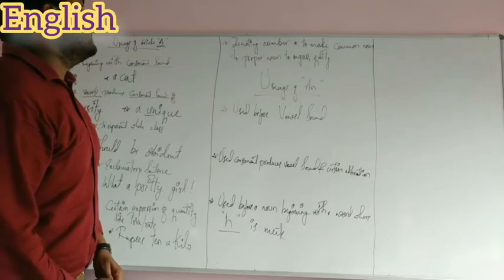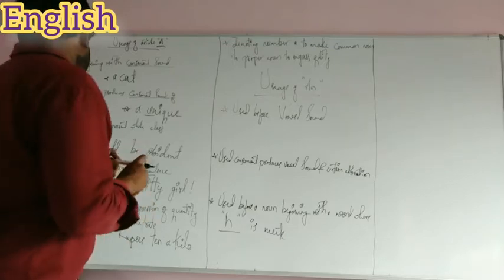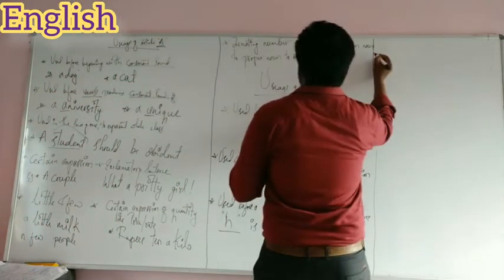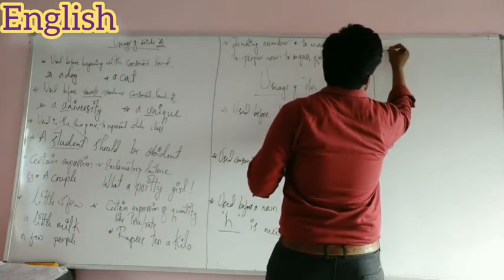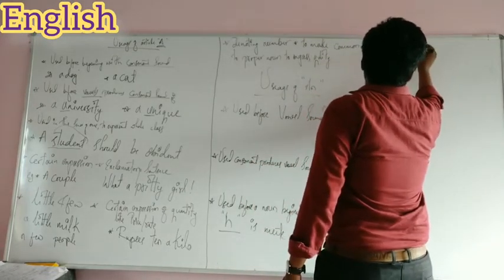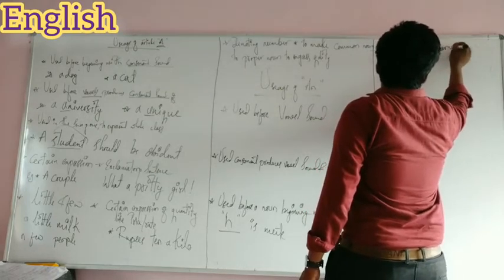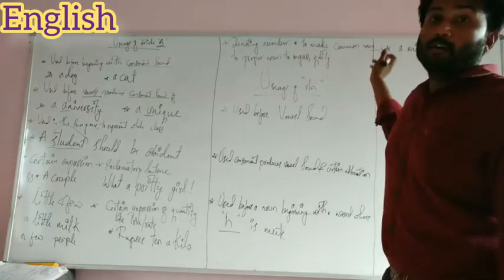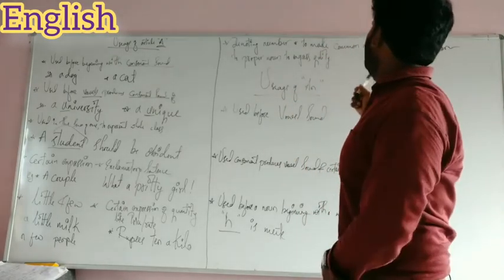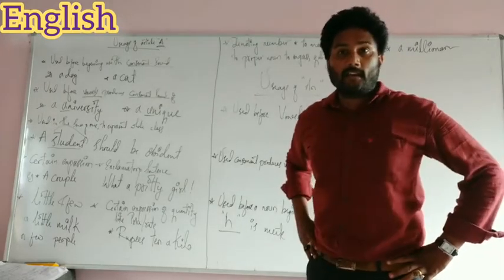Also used to make a common noun into a proper noun to express qualities. See, here it is used to denote a number. Here I am going to write the example: denoting number, a millennium. And also it is used to make a common noun a proper noun to express the quality.